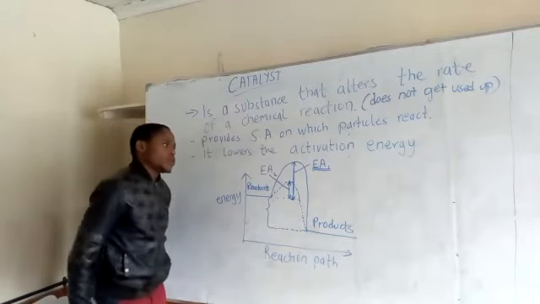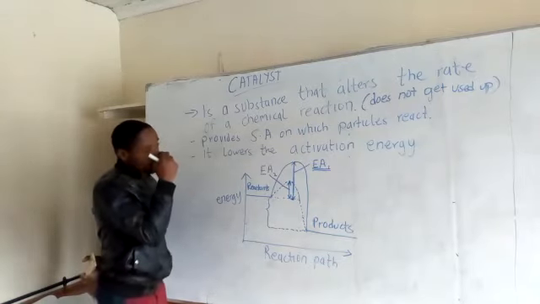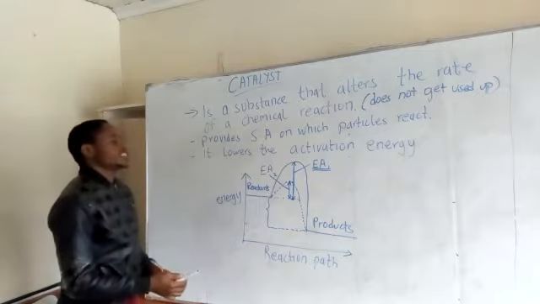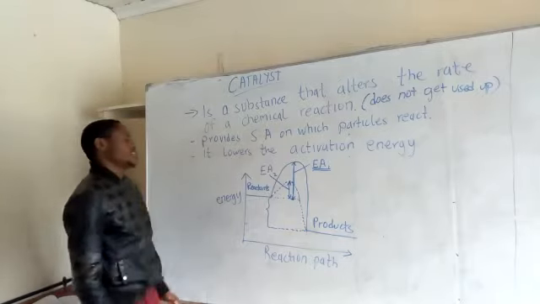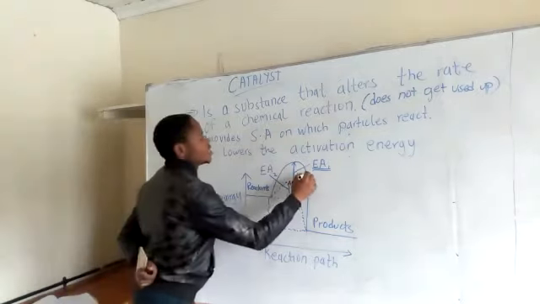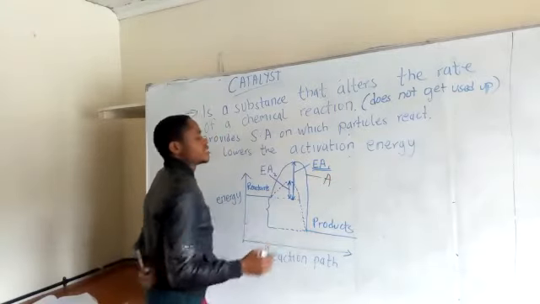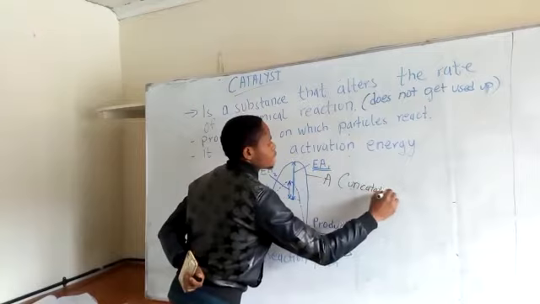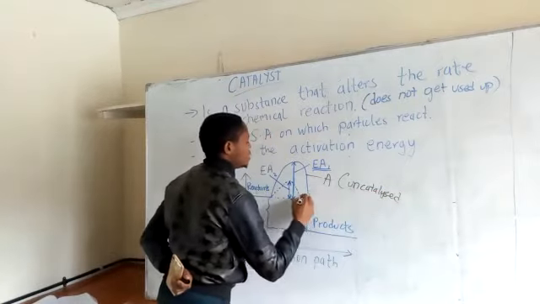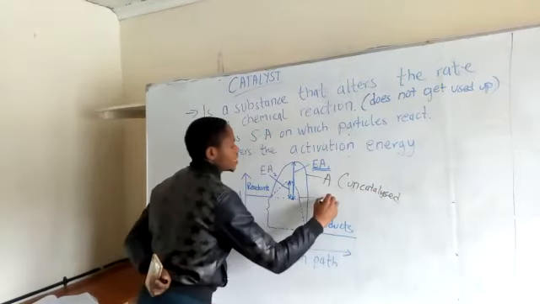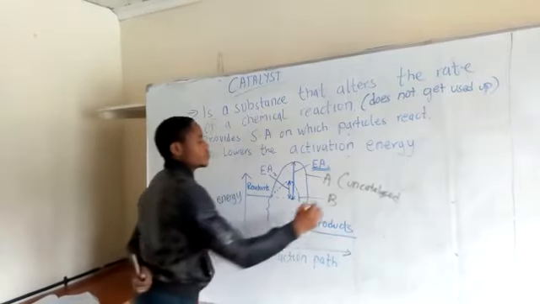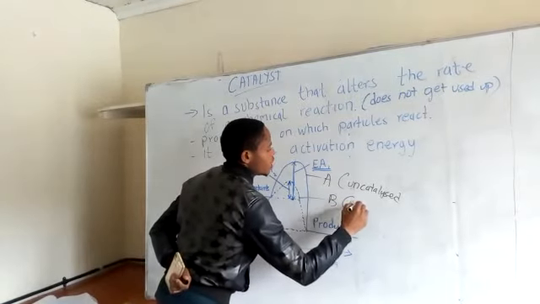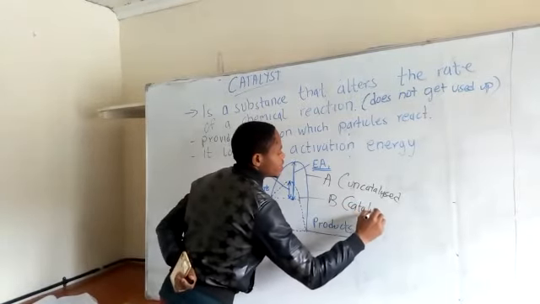Here is an example of two types of reaction. One reaction is catalyzed, and the other one has no catalyst. So this is my reaction 1, and it is uncatalyzed. And this is an example of another reaction whereby we have used our catalyst.